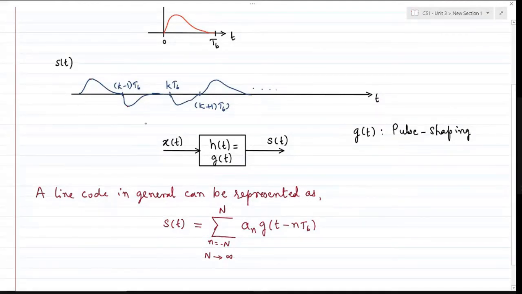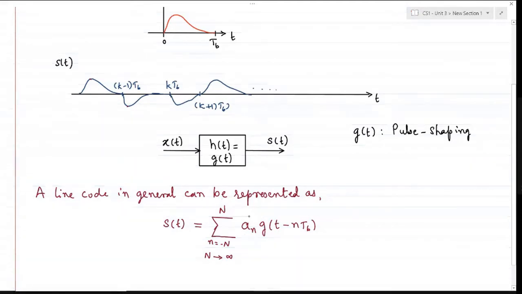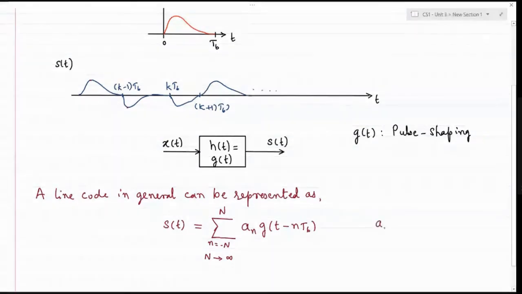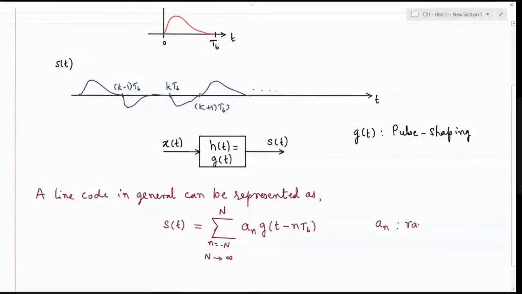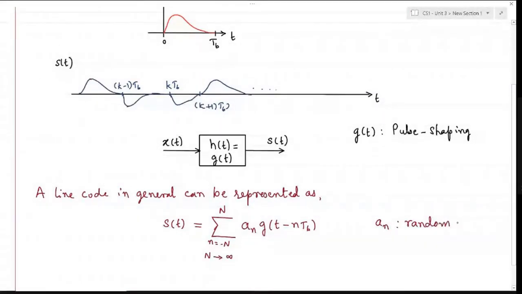Accordingly, all these amplitudes are a kind of uniformly distributed random process. So I'll write this specifically: this a_n is a random sequence. Basically this is a statistical phenomenon.